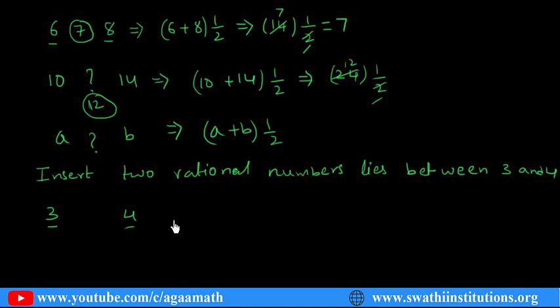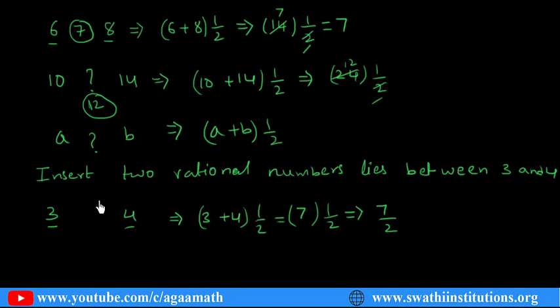The same operation: 3 plus 4 of 1 by 2. 3 plus 4 is 7, of 1 by 2, that is 7 by 2.